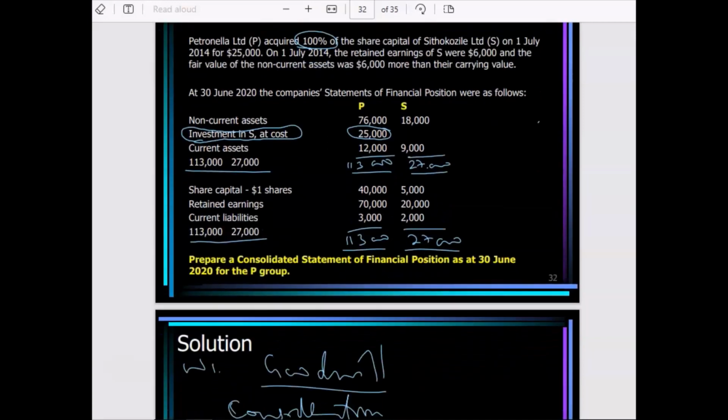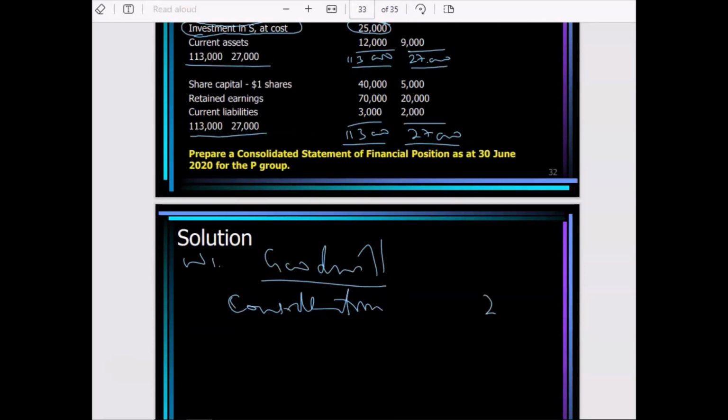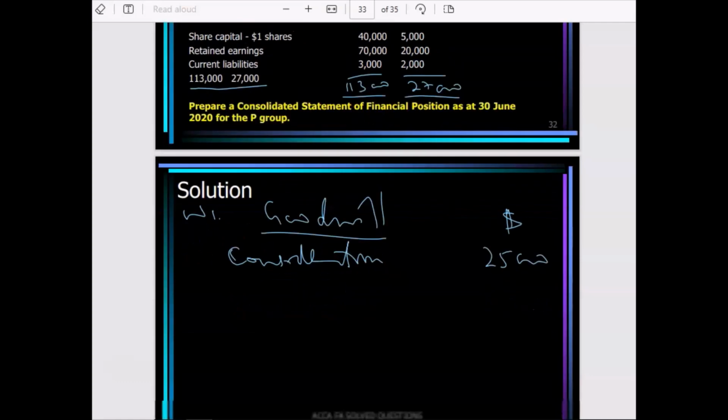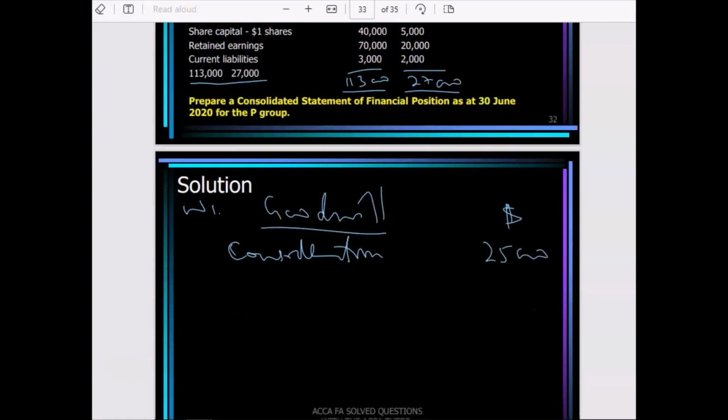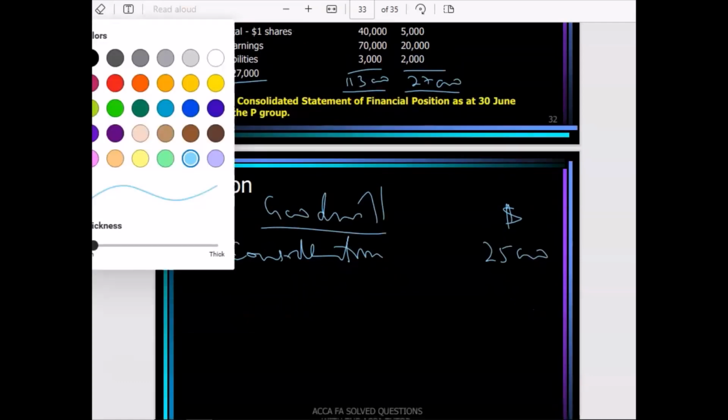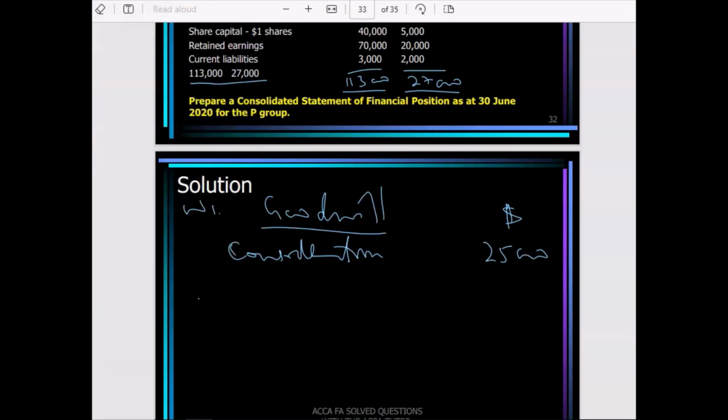Okay, so that's 25,000. Now we then have to say less the net assets. Remember, there's no NCI in this case, so we go straight to the net assets.